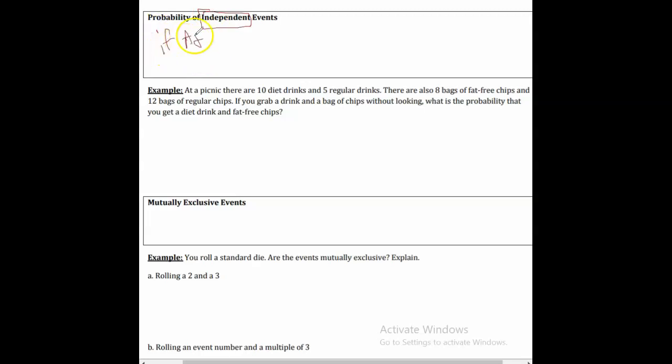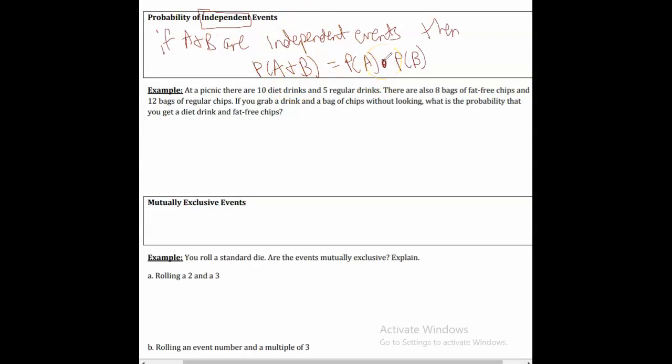So if A and B are independent events, then the probability of A and B equals the probability of A times the probability of B.